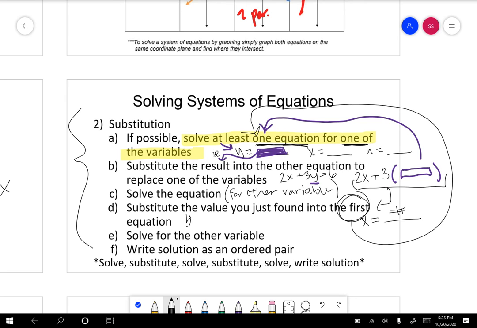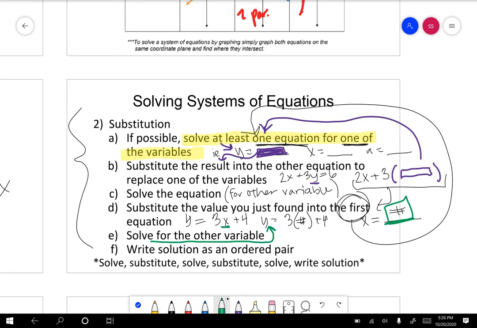So you'd end up with something like y equals, let's use a different color, instead of x, you would write whatever number you just found for x. So 3 times whatever number x is plus 4, and then you solve for y.